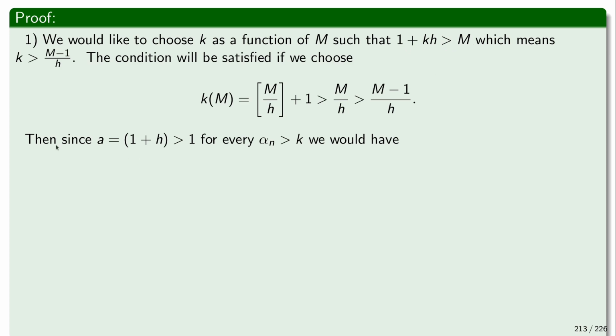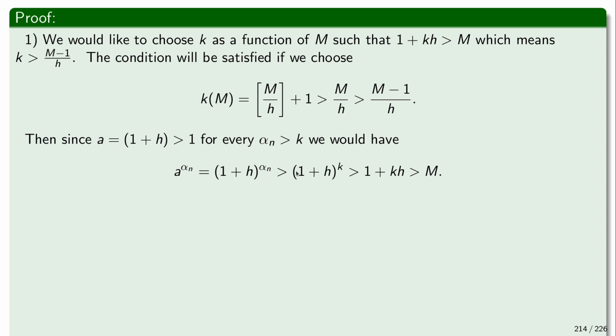Okay, and now since we chose a in the following way, then for every alpha n that is greater than k, what we have is that a to the power of alpha n equals this, and then by the law of real exponents that we've proved, since the base here is greater than 1, we have this inequality.